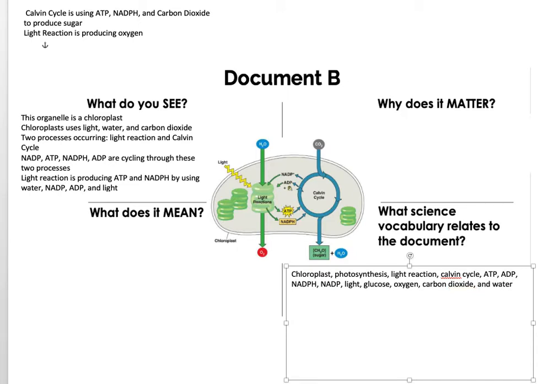Okay. Some other terminology that might jog our brain here would be chloroplasts are found in autotrophs. Those are organisms that make their own food. They make their own glucose.